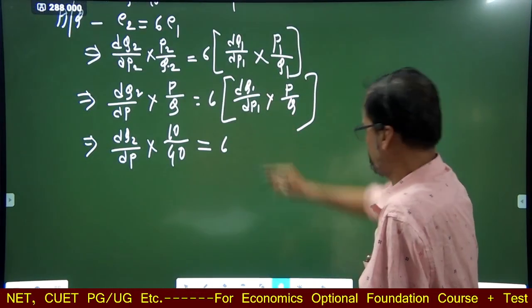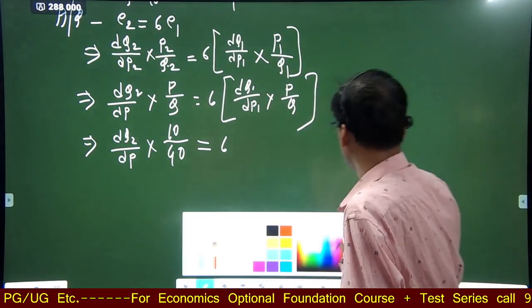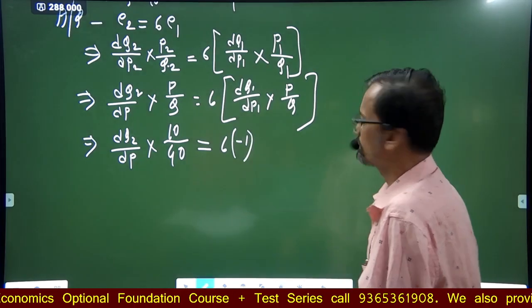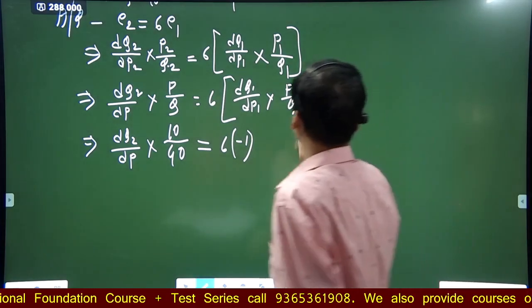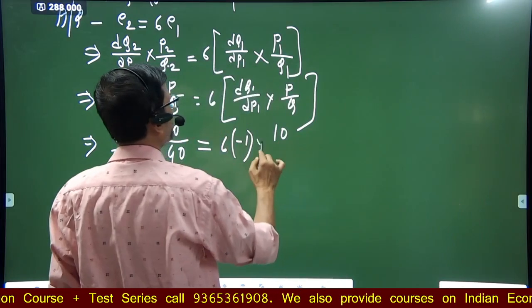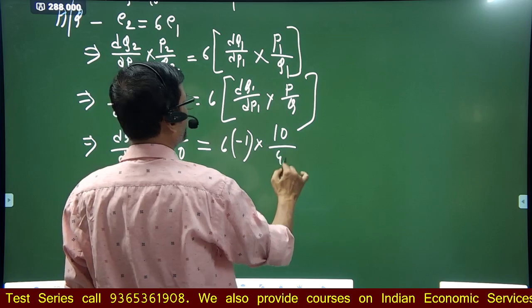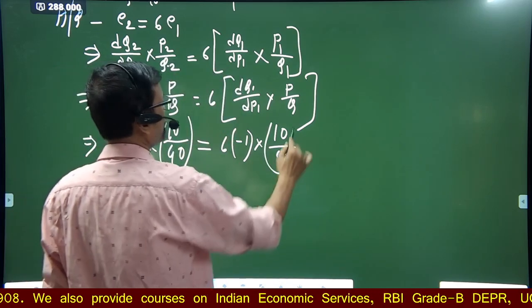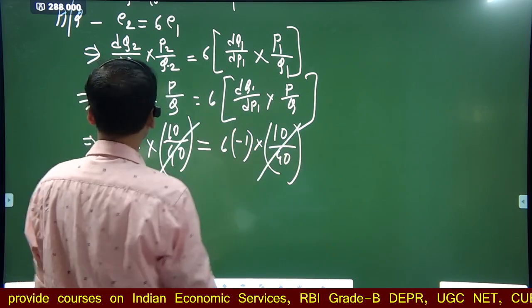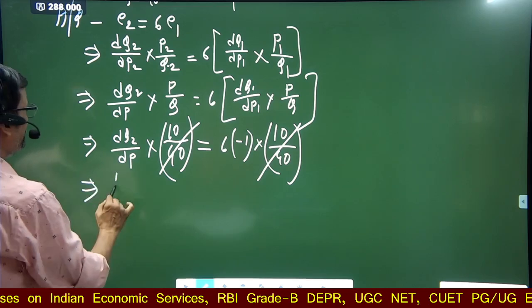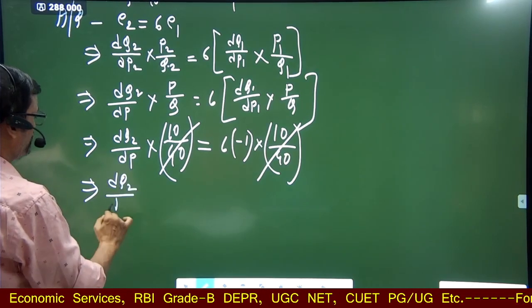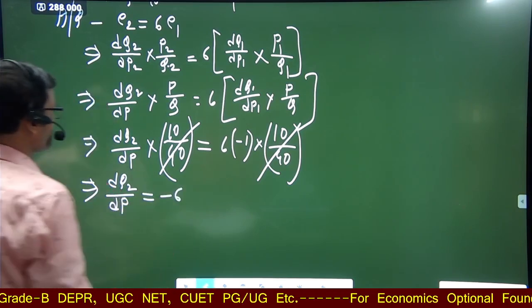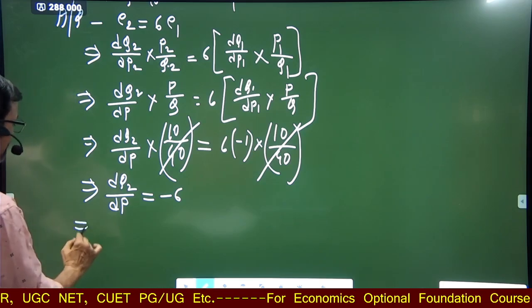And the 10 by 40 portions cancel out. So what remains is dQ2 by dP equals minus 6.